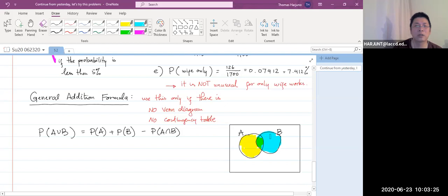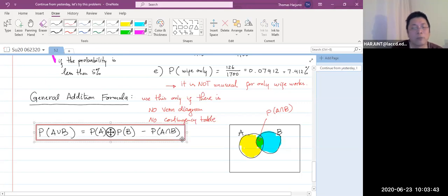That's why we need to subtract it once, so that it is only counted once. That's the idea of this formula, and that's where it comes from.